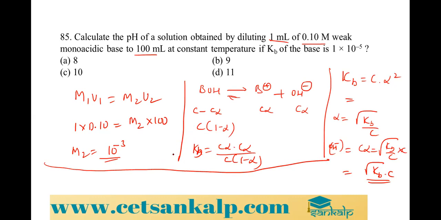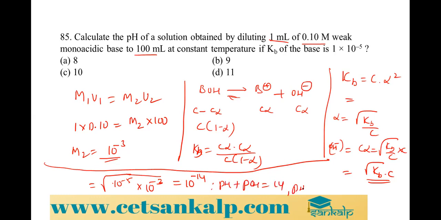ಏನು ಕೊಟ್ಟಿರಪ್ಪ, pH ಕೇಳಿರೋದು. pH ಬೇಕು ಅಂದ್ರೆ ನಮಗೆ square root of 10 to the power minus 5 into 10 to the power of minus 3, total ಆಗಿ, that is equal to 10 to the power of minus ಎಷ್ಟು ಬರುತ್ತೆ, 14, right? ಹಾಗಿದ್ರೆ pH plus pOH ನಮಗೆ ಗೊತ್ತಿದೆ, that is equal to 14 ಅಂತೆ.